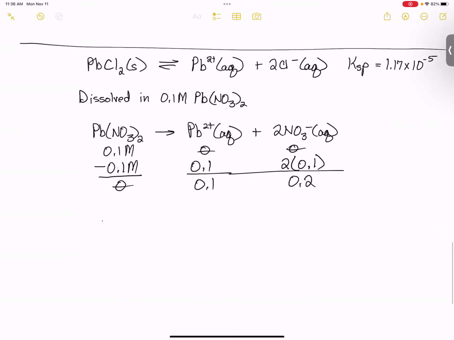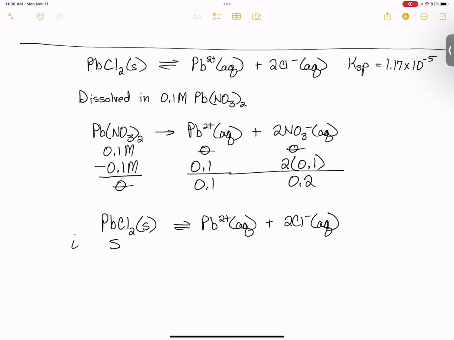Now that lead is going to play a role in how much of our lead chloride can dissolve, because we're no longer starting out with 0 lead in our solution. Instead, we are starting out with solid lead chloride, 0.1 molar lead ion, and no chloride ion.